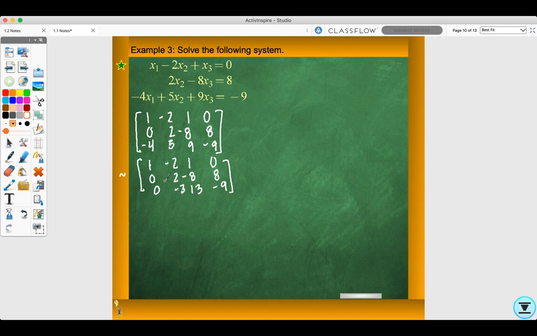The next step, I notice I want this right here to become a 1. All I have to do is halve this whole row, and it becomes a 1. So first row, I'm not doing anything to again. So 1, -2, 1, 0, 0, 1, -4, 4, and 0, -3, 13, -9.